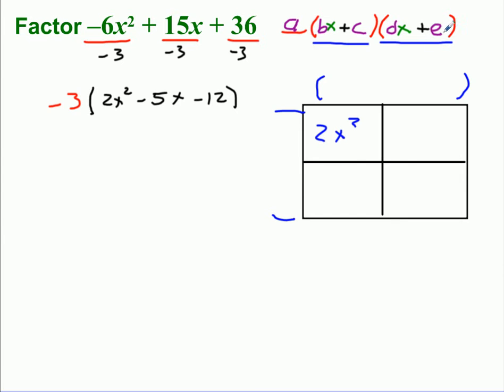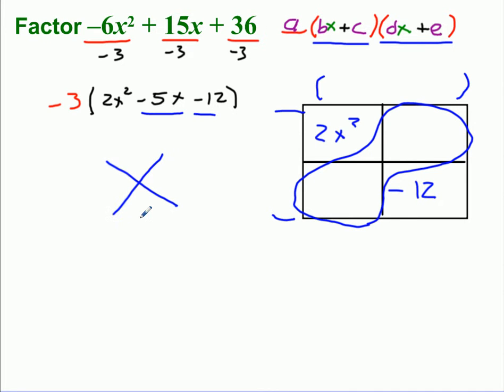And the last 2 terms, when I multiply them together, I end up with negative 12. And then the outside and the inside terms add together to give me this negative 5x. So I'm really looking for 2 terms that add together to give me negative 5x.